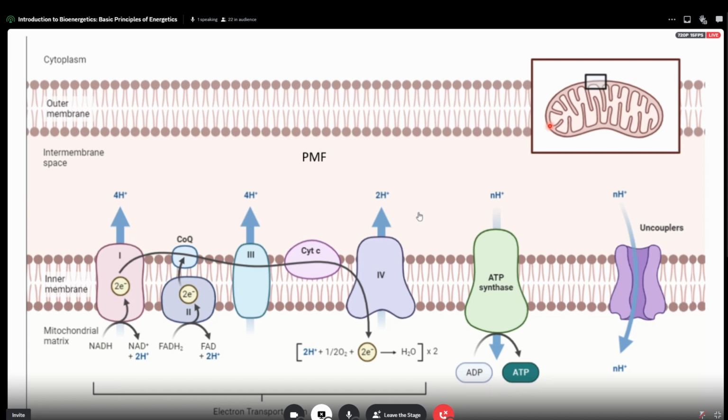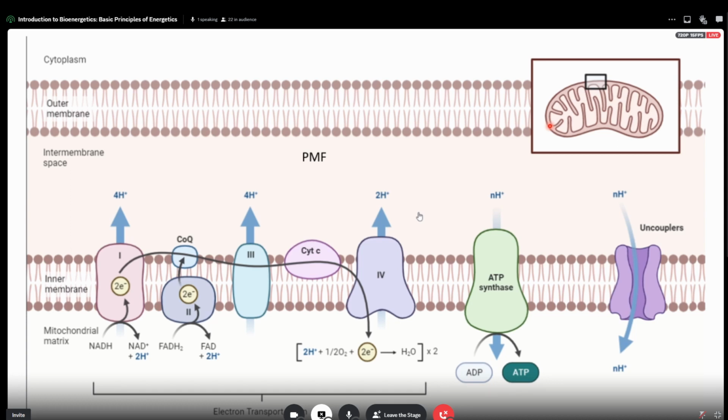But if FADH2 donates electrons at the level of complex 2, you are skipping the 4 protons pumped as a result of complex 1 activity. So it makes a difference whether NADH or FADH2 is donating electrons. With NADH you can have about 10 protons pumped; with FADH2 about 6 protons pumped.